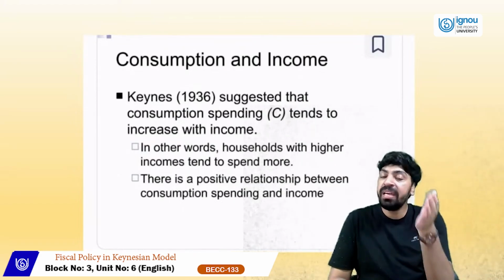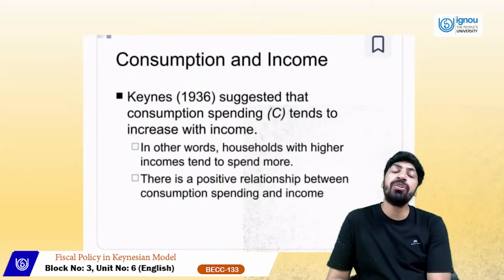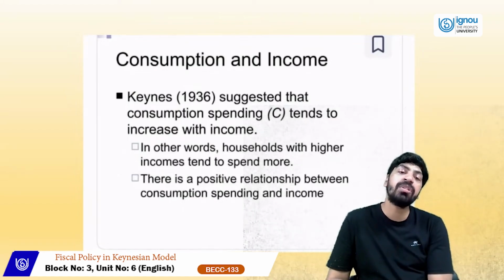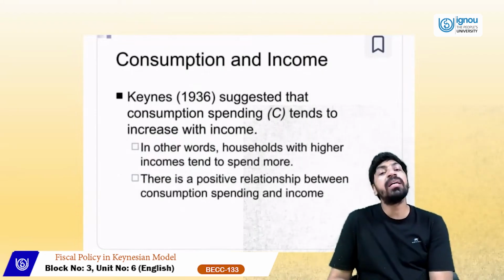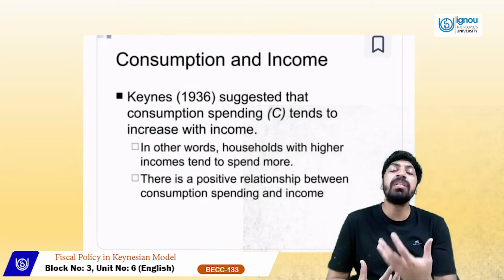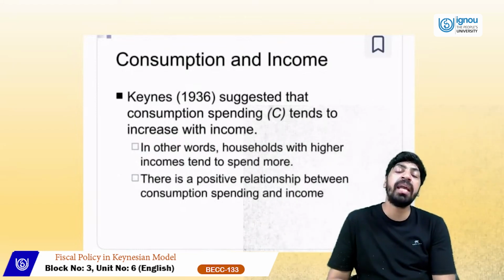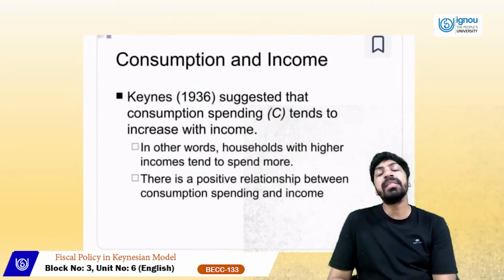That means if there is a change in income, automatically there will be a change in consumption spending. In other words, consumption spending depends upon how much income you earn and are able to spend on buying goods and services.